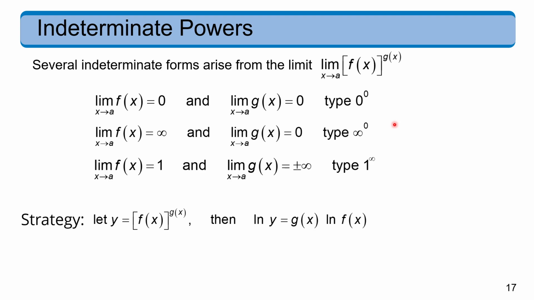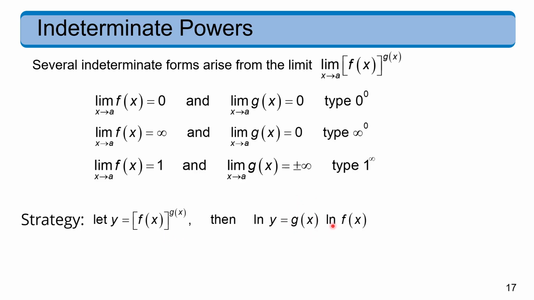So now we want to look at the strategy for how to deal with these situations. What we do is we start by letting y equal the function that we're taking the limit of, which is f raised to the g power, and then take the natural log of both sides. So on the left you'll have natural log of y. On the right you'll have natural log of this exponential expression, but then you can use the power property of logs that lets you bring the power down in front.